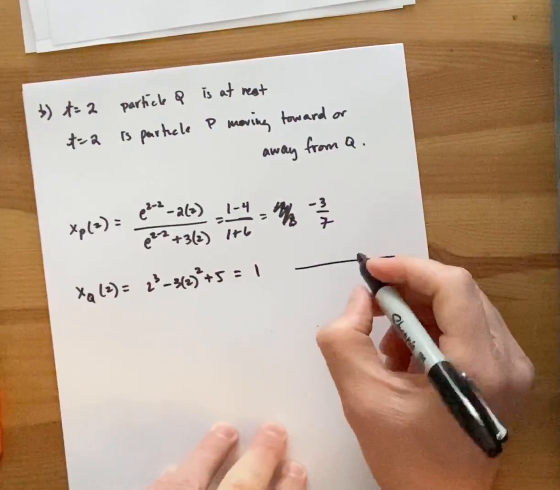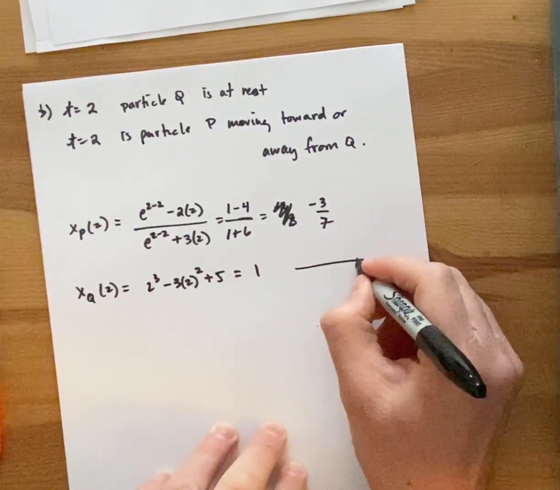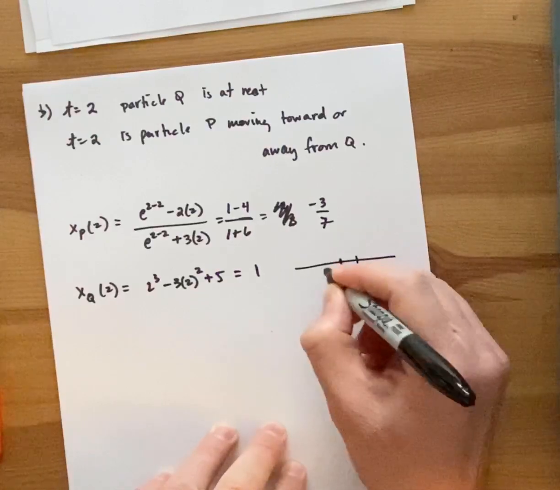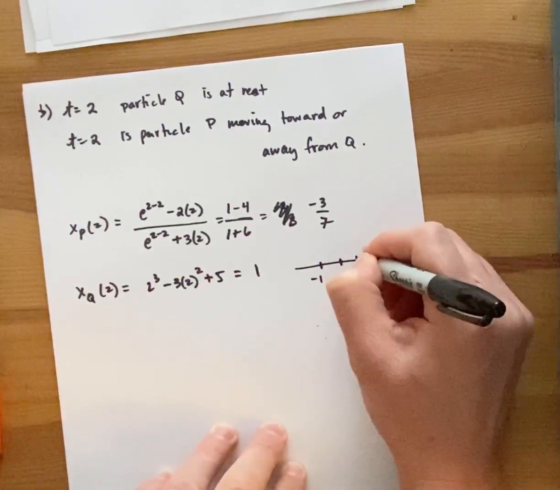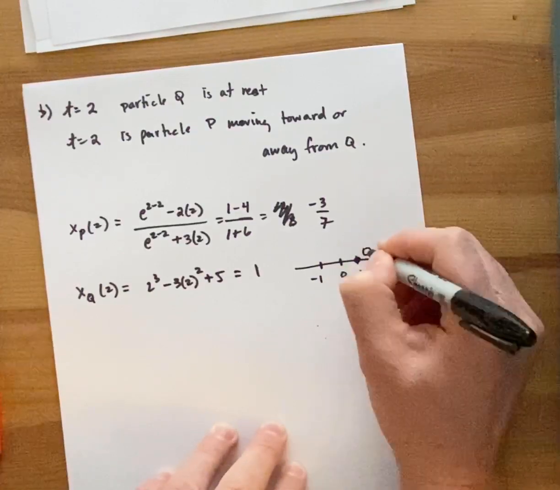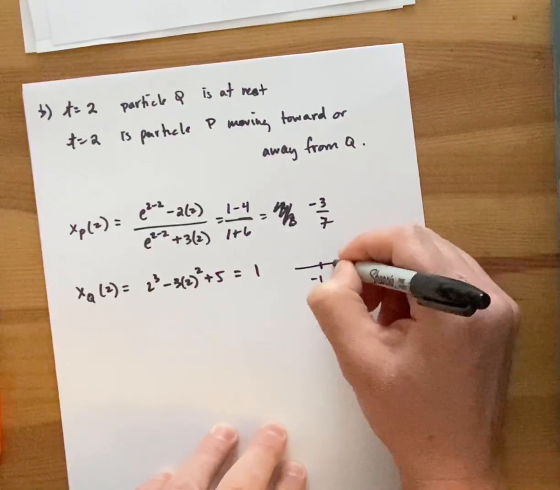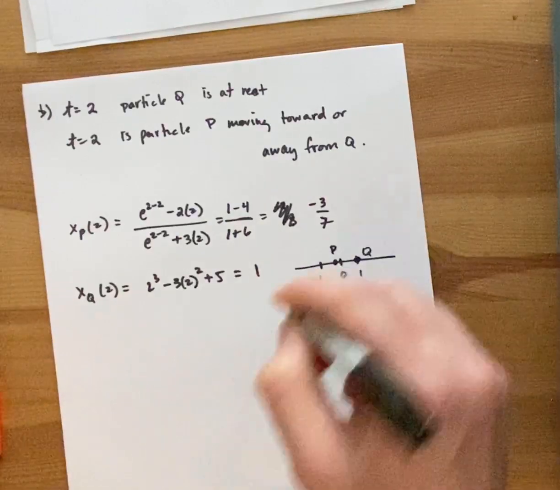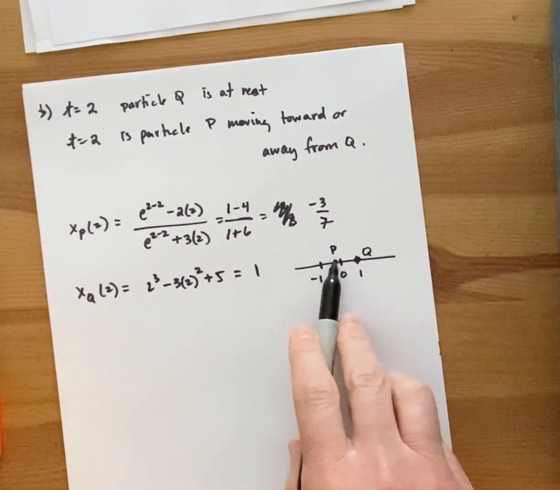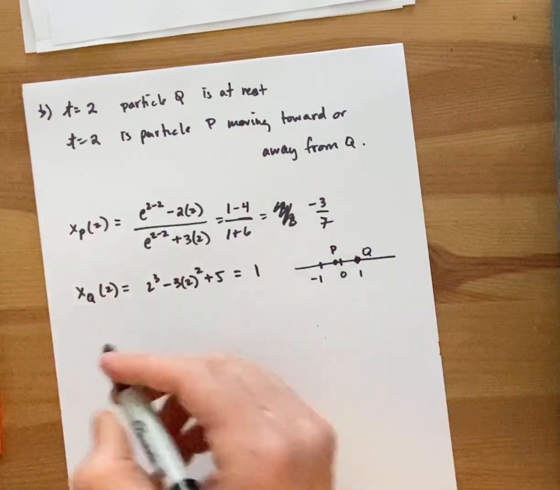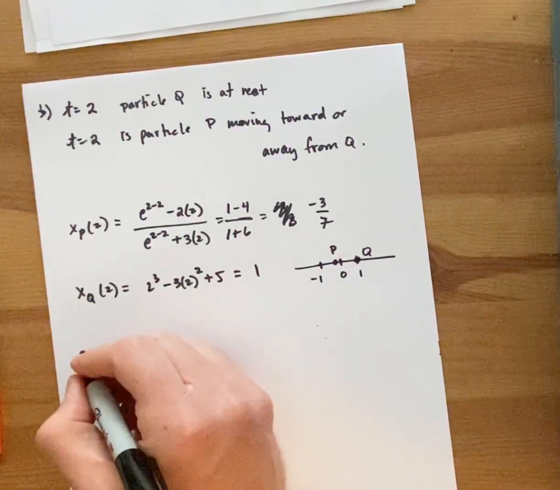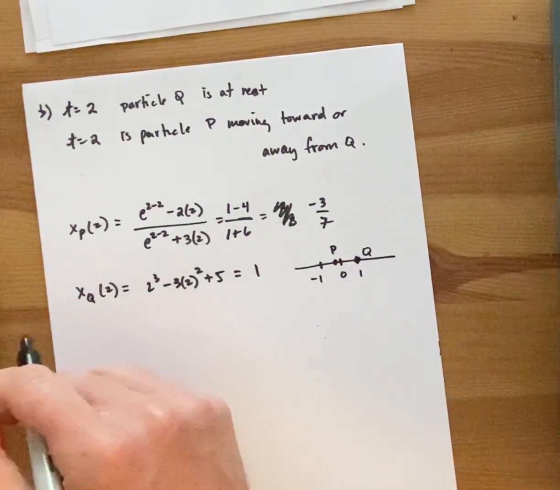So this is particle Q, and negative 3/7 is particle P. So now you want to see what's the velocity of particle P, and then you could tell if it's moving away from or towards, you know.